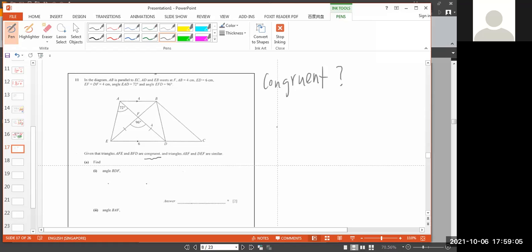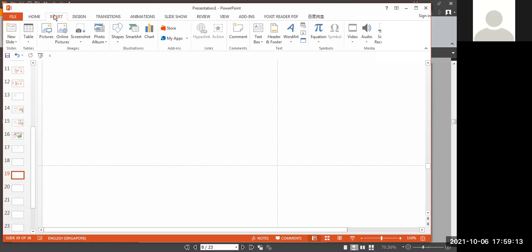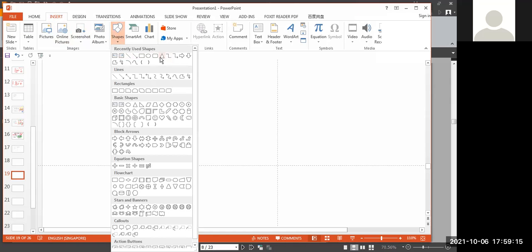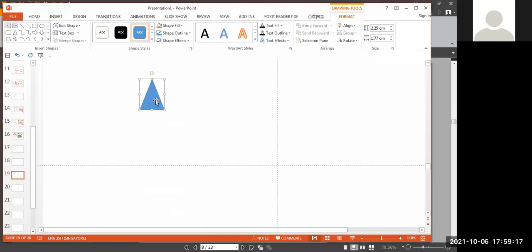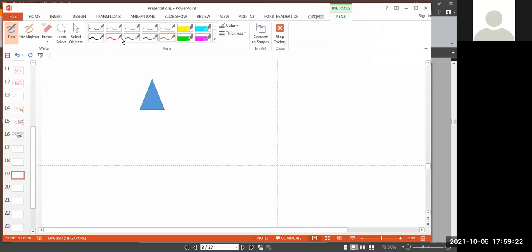Okay, then I'll give you a simple example first. I always like to start with a simple example to do questions. So for your level, congruent is an adjective.